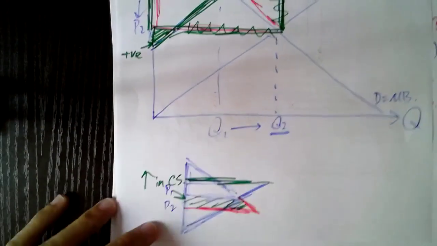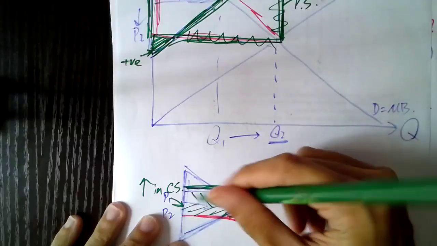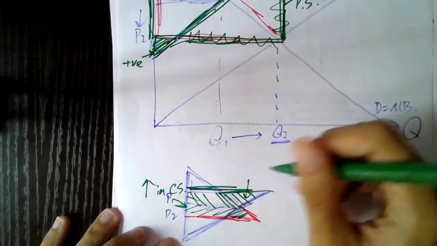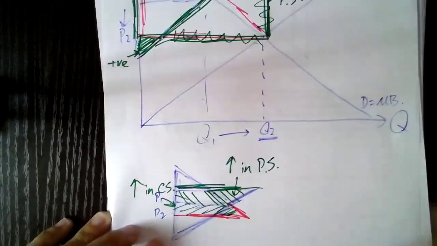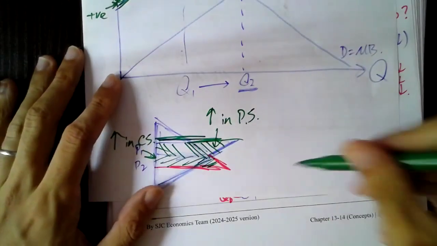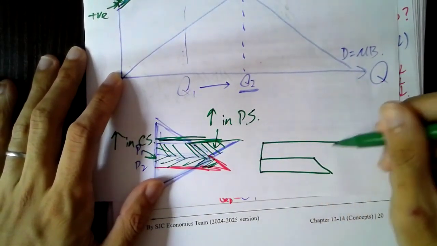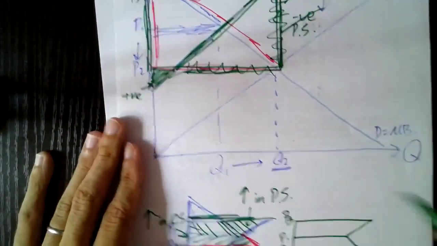So do you see what's going on? We also have an increase. Below is the increase in CS, above is the increase in PS. Do you know what that means? Let me draw it out. Here, this is P1, this is P2. Above it I add a P3, right?